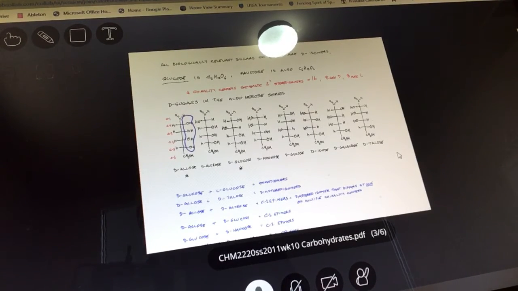But because we don't really need to look at the L sugars, we're not going to see enantiomers on this list of 8 molecules that we've got. That's something else instead. So if I take any 2 of these sugars, I should be able to know what their relationship is.